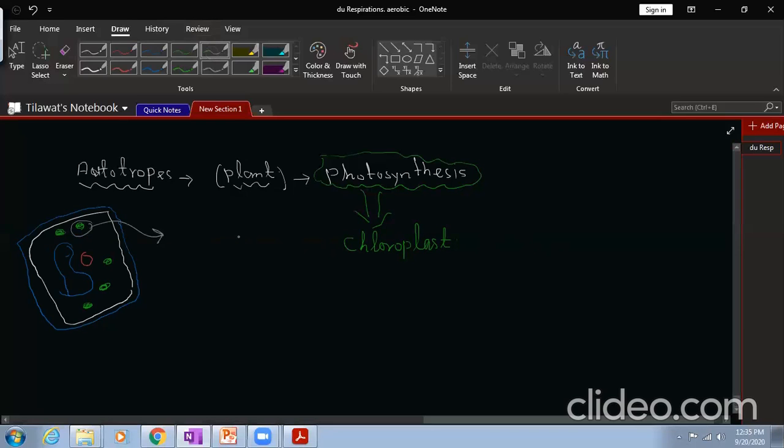When I take this chloroplast out, what I see is that this is actually a two-membrane structure. One is the outer and this one is the inner membrane.